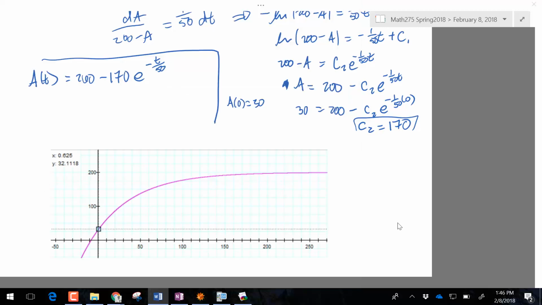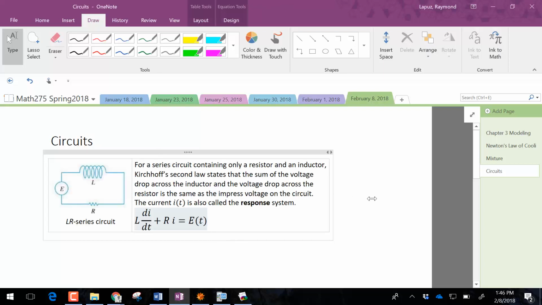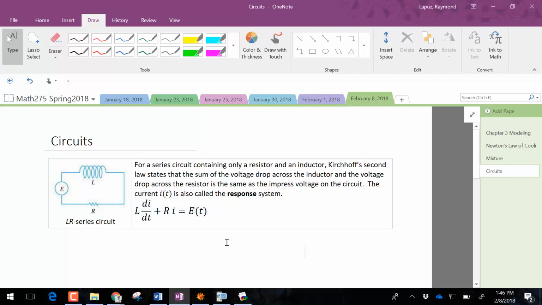So an LR circuit. All right, we're just going to keep it simple here.